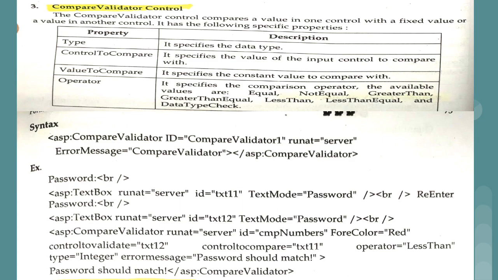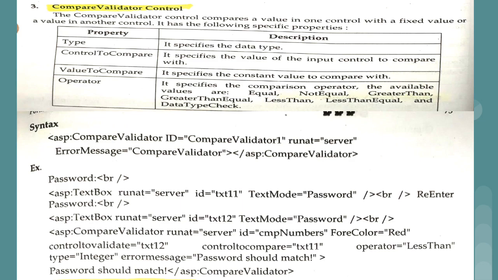These are the attributes, or properties, which are new in the case of the compare validator: control to compare, operator, and type is common, as in the previous validator controls also we have seen, type equal to integer, and again error message is the common one. So this is clear to you, where we will make use of the compare validator.